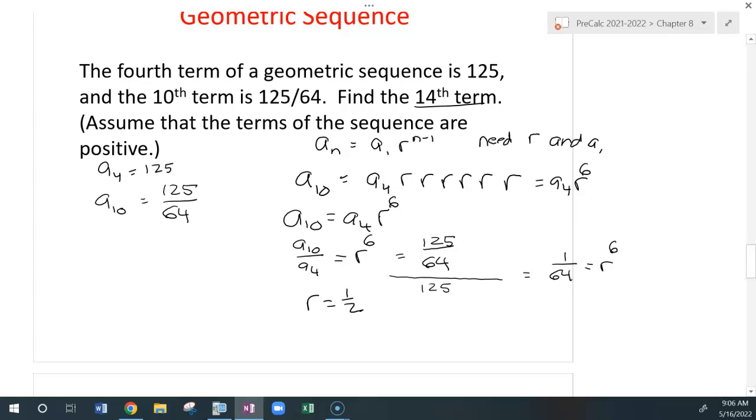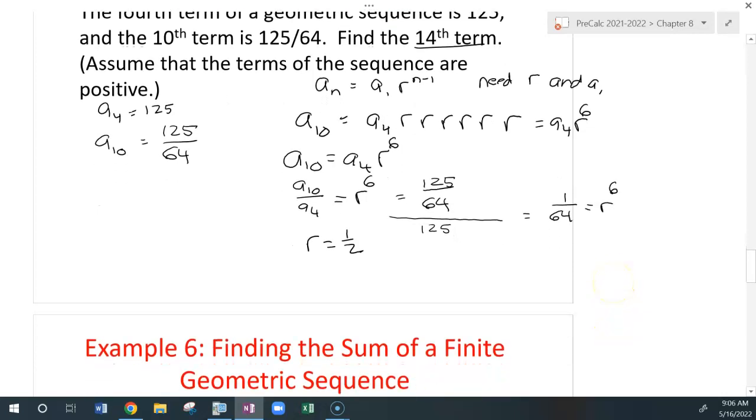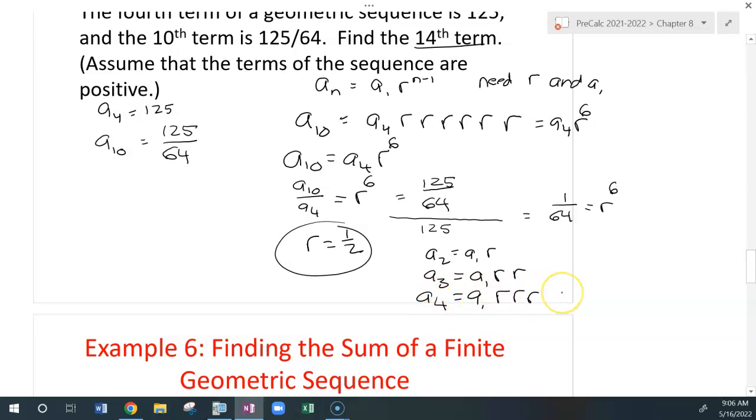Well, I know that a sub 1 times r is a sub 2. So I have my r here. So a sub 2 is going to be a sub 1 times r, right? And then a sub 3 is going to be a sub 1 times r times r. And then a sub 4 is going to be a sub 1 times r times r times r.